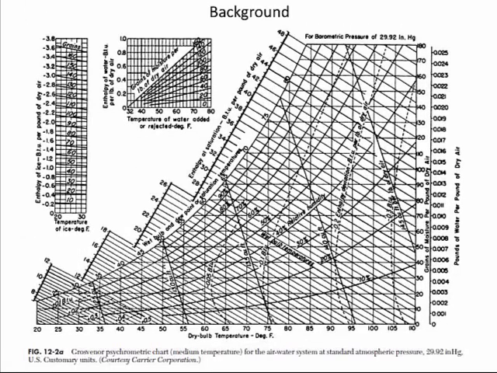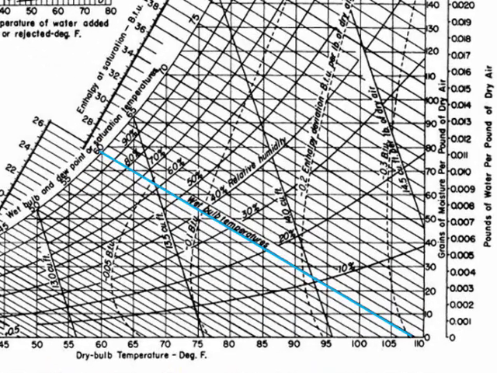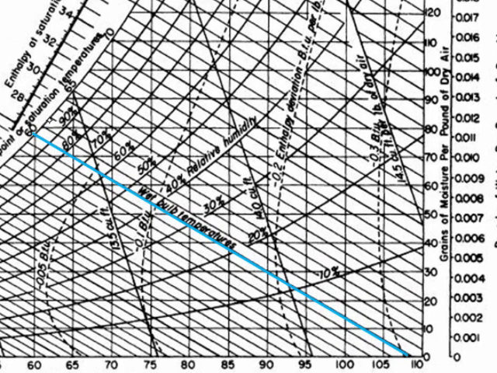There are a number of lines on the psychrometric chart that I briefly explain here. The wet bulb temperature line, for which we read the value on the saturation line here, and for example, for the line shown, the wet bulb temperature is 60 degrees Fahrenheit.